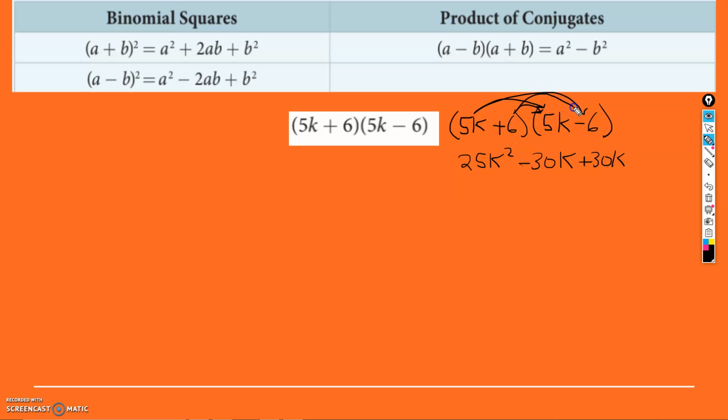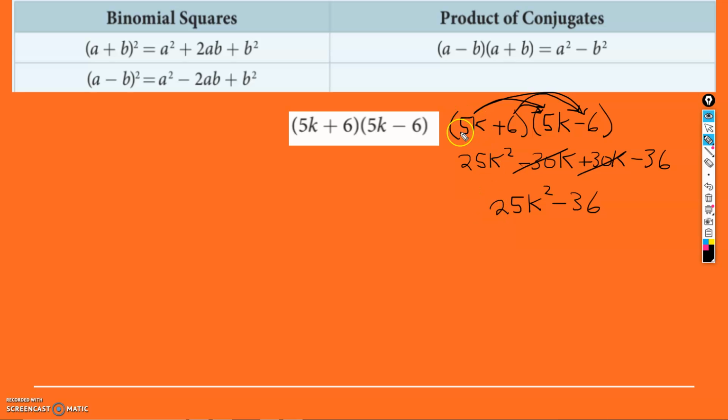And 6 times negative 6 is negative 36. Look what happens here. We have a negative 30k and a positive 30k. Those cancel out. So we end up with 25k squared minus 36.